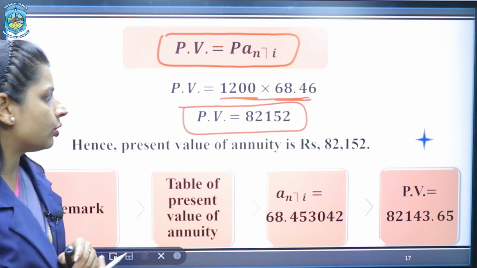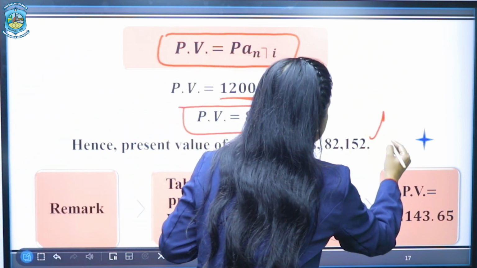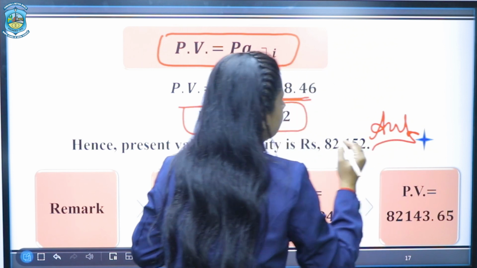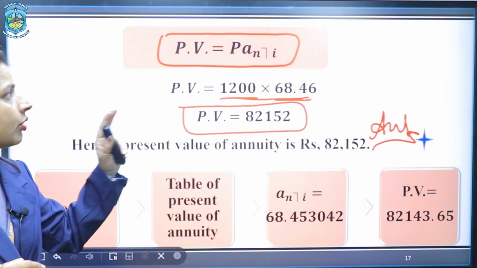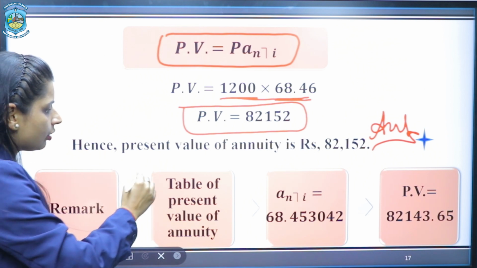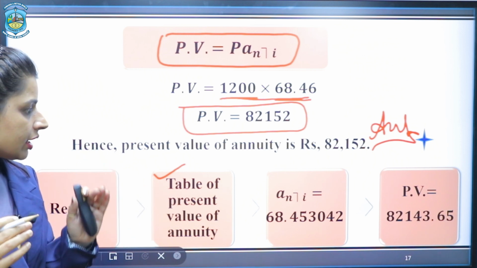So the present value of this annuity is rupees 82,152. That's our answer.